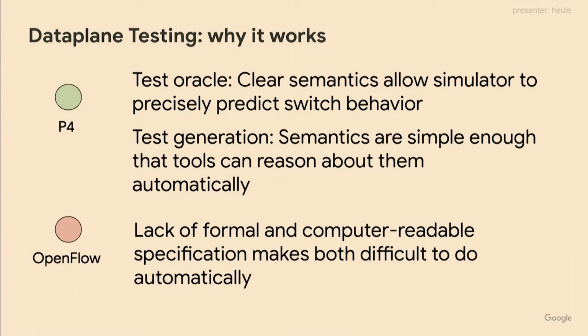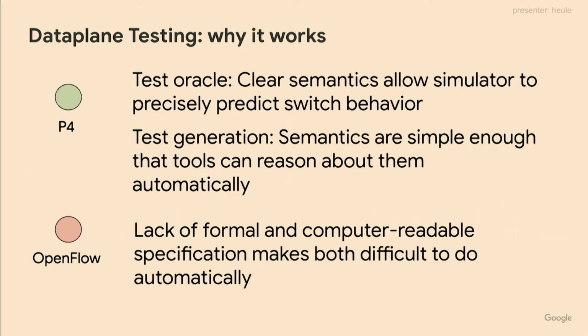I also want to take a moment to contrast this with OpenFlow and how P4 really enabled us to do this automated testing. OpenFlow is what we used before we started working with P4 at Google. P4 provides a very clear semantics, which allows us to have this extremely precise oracle. In particular, we have a simulator that precisely tells us what the switch is supposed to do.